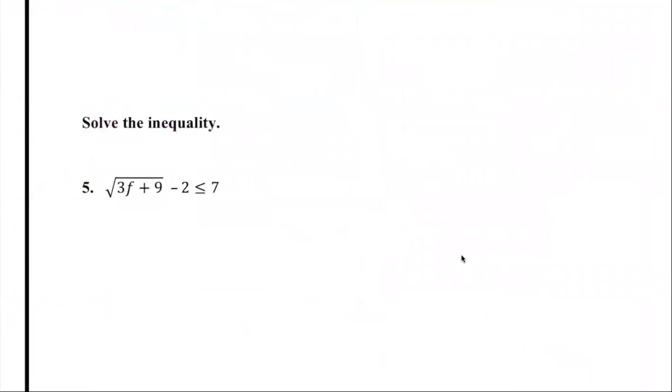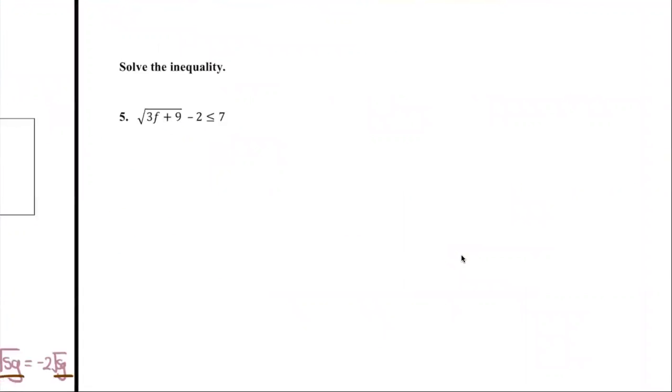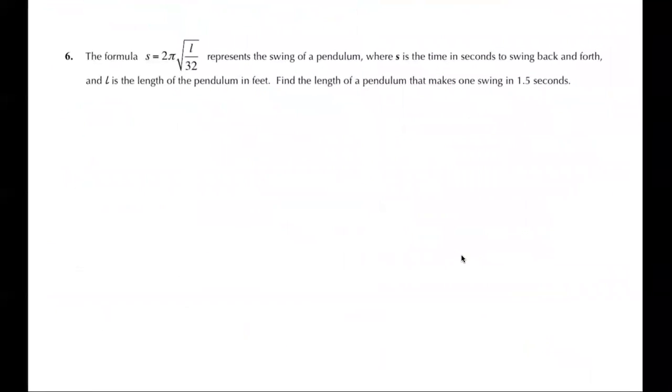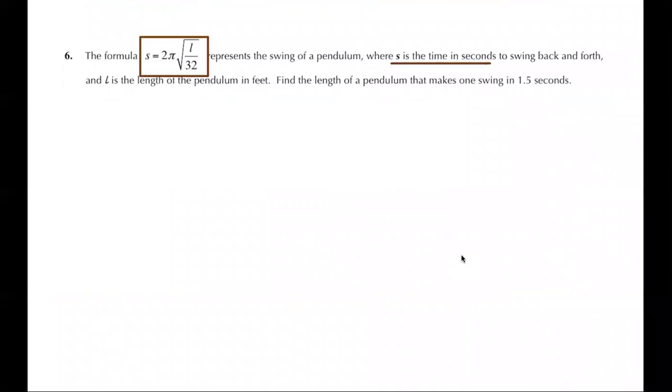All right. So we usually don't have enough time to get to the word problems, but I think we have time today. So let's jump straight to the word problem and then we'll go back for number 5. We have this formula given to us that represents the swing of a pendulum, where S is the time in seconds and L is the length of the pendulum.